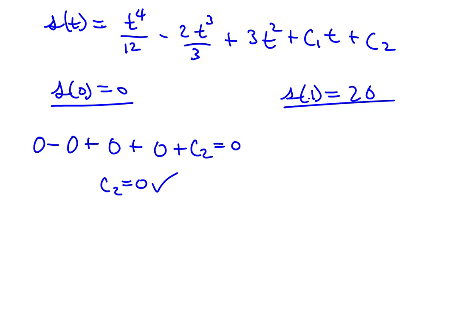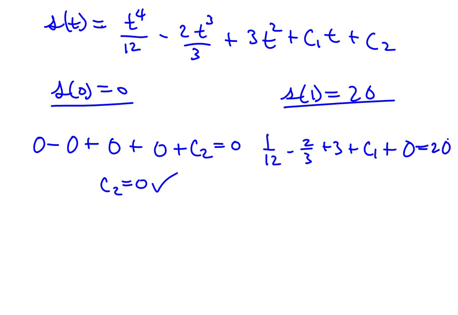Let's move on to the next condition where when t is 1, the output is 20. The output for the s function, that is. So let's now say plugging 1 in would give us 1/12 minus 2/3 plus 3 plus c1 plus c2, but we already found c2 to be 0, so we can just plug that in as is.